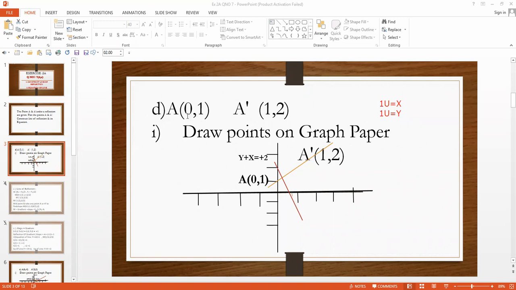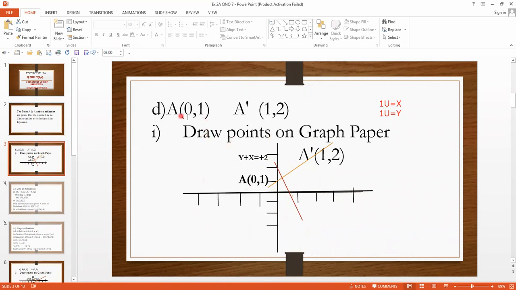You know that on which axis the value of x is 0? Yes, on the vertical axis. Always remember that on the whole vertical axis, the value of x is equal to 0, and on the horizontal axis, the value of y is equal to 0. Clear?